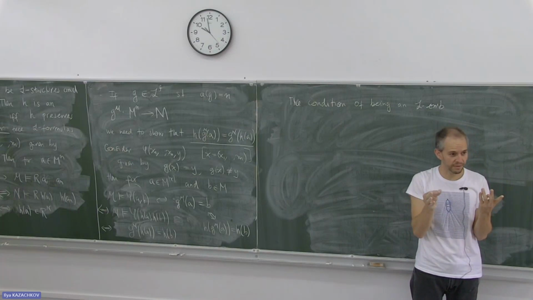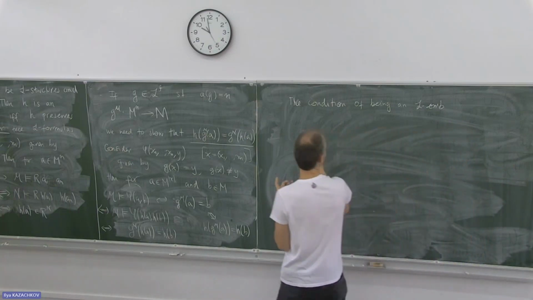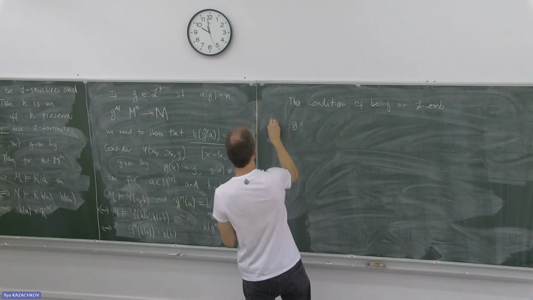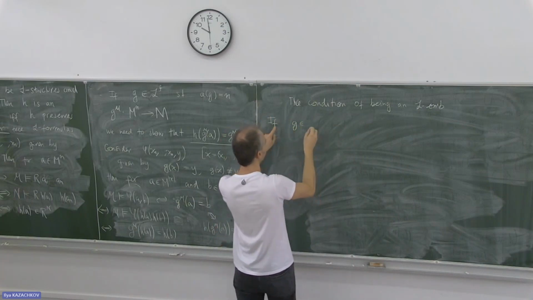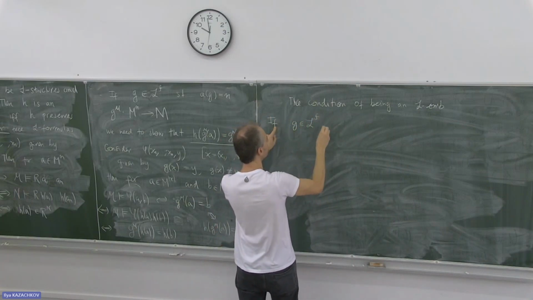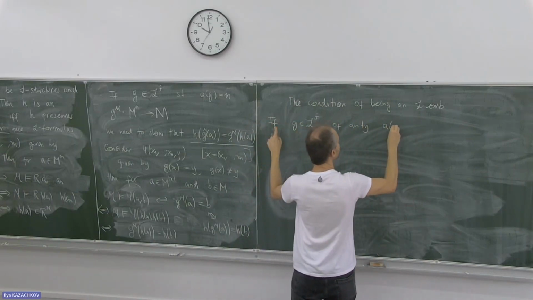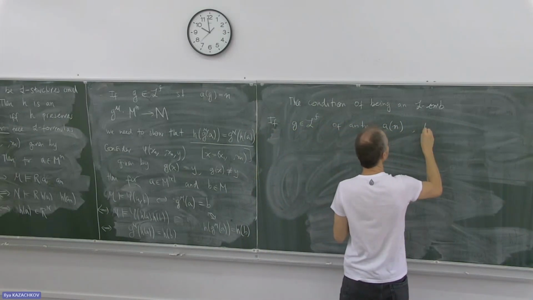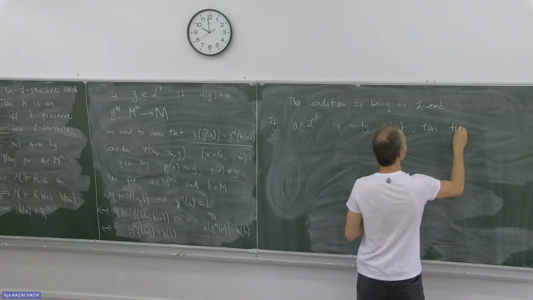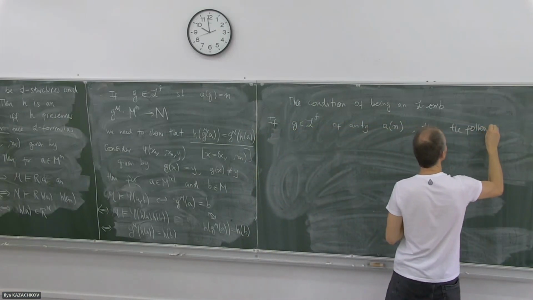This was an if and only if. And for function symbols, if G is a function symbol of my language of arity N, then the following diagram commutes.